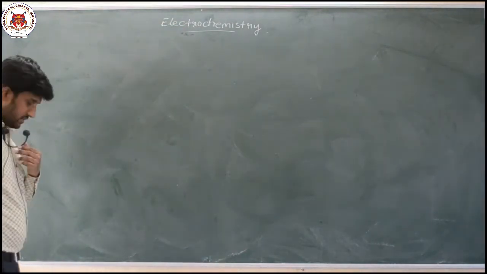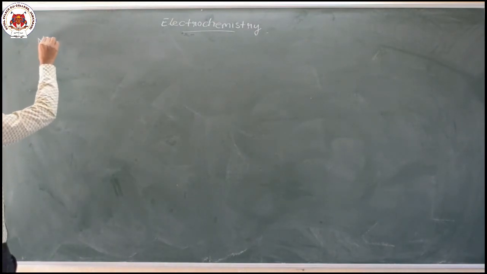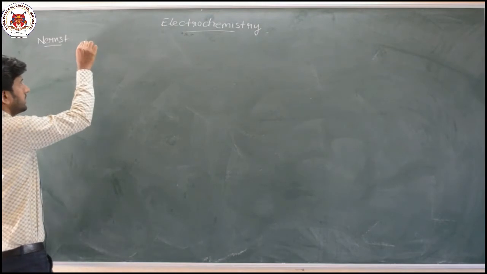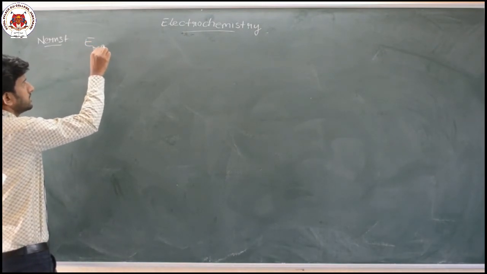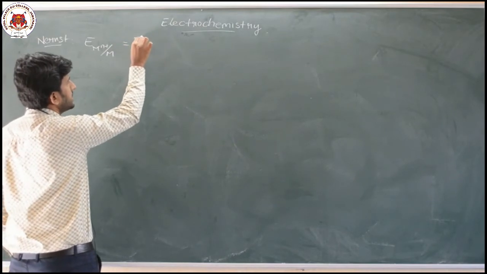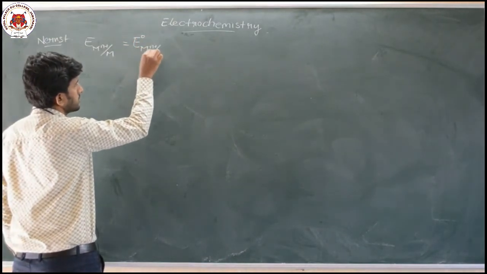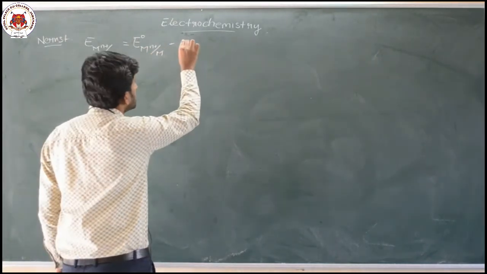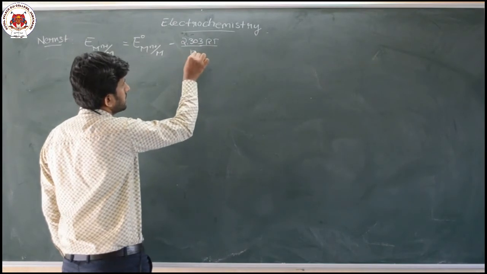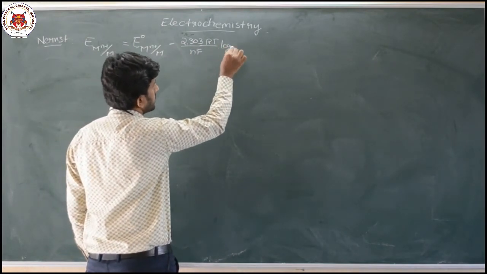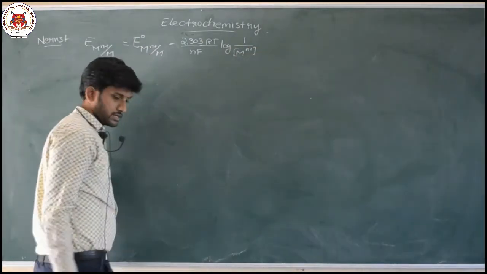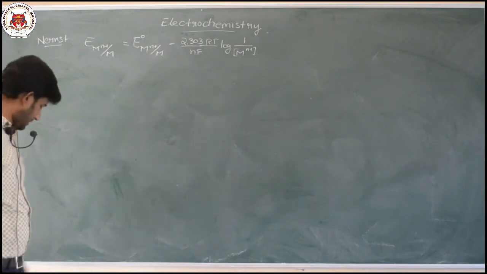According to the Nernst equation, we have written for any general reduction, the electrode potential of a redox couple is equal to the standard electrode potential minus 2.303 RT by nF log 1 by the M^n+ ion concentration. This is for any general reduction.